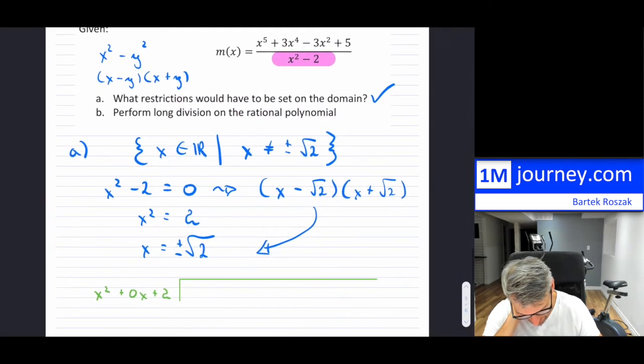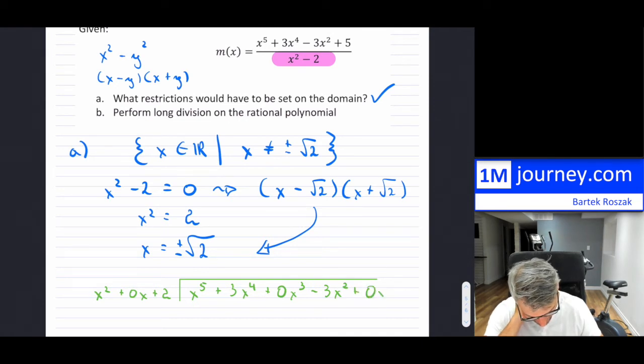Next, we have x to the 5 plus 3x to the 4 plus 0x to the 3, because there is no cubic term, minus 3x squared plus 0x plus 5. It's going to be long. Okay, that's all right, let's try it.